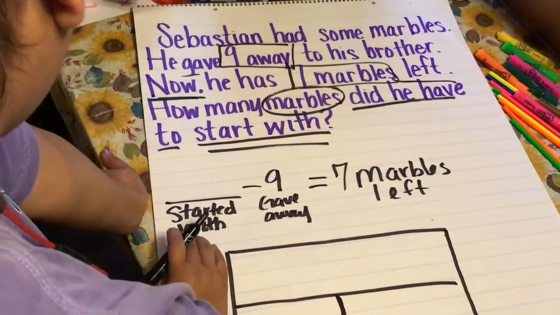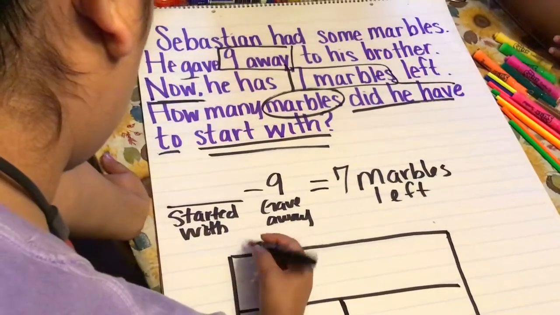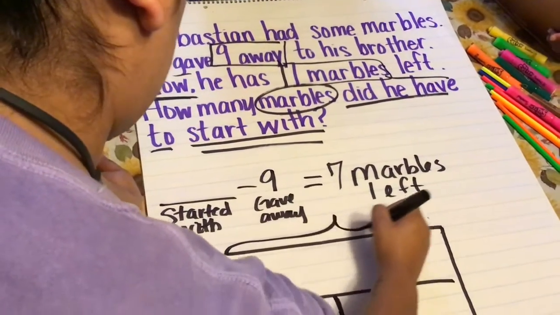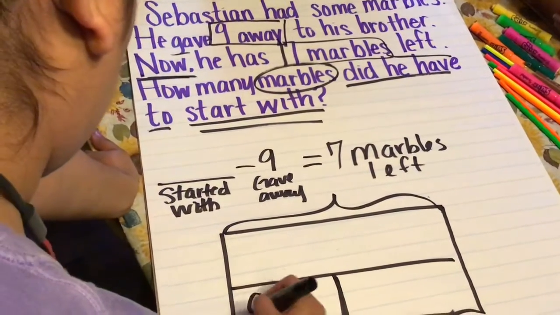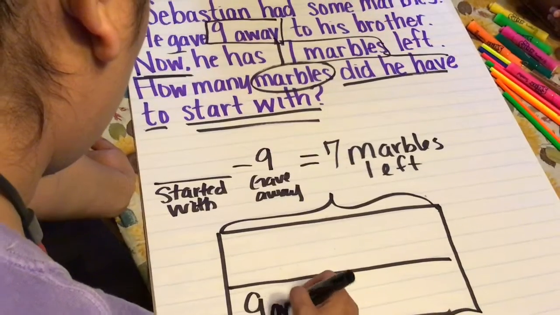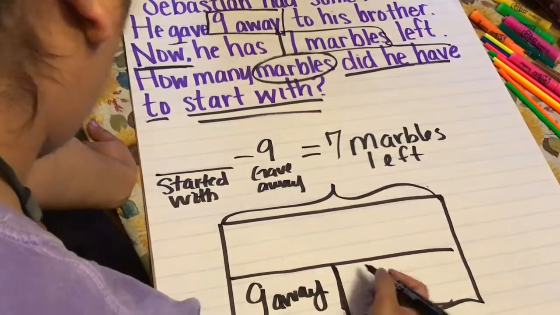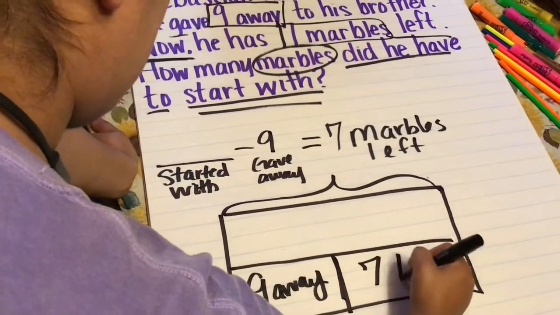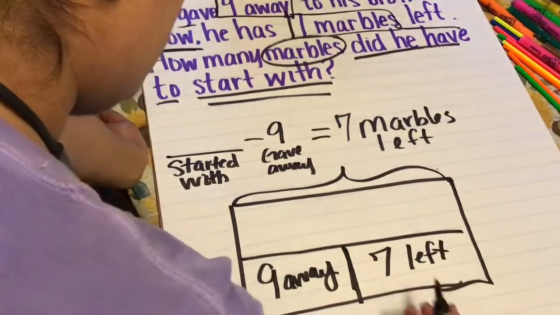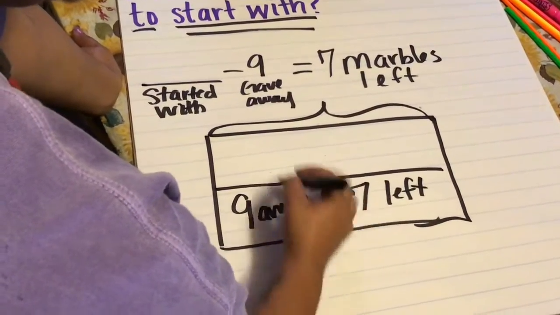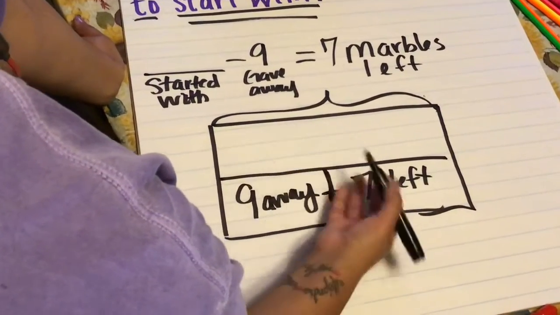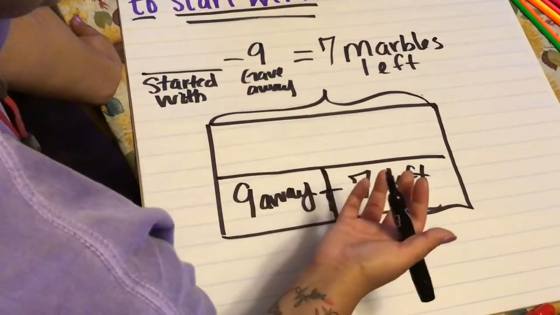So I know that this is the number that he started with because here we have 9 that he gave away and 7 that he has left. If we were adding, of course, we would add these two. This would give us a total. So it kind of works the same as an algebraic problem would work out.